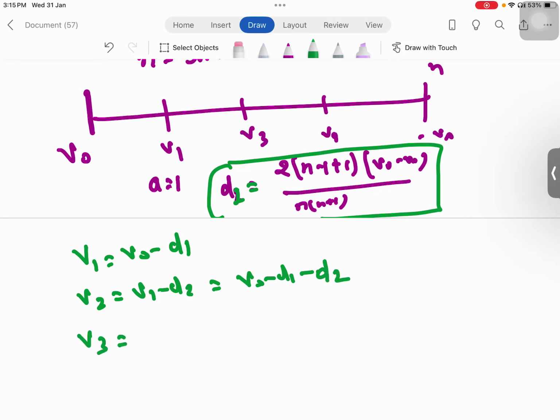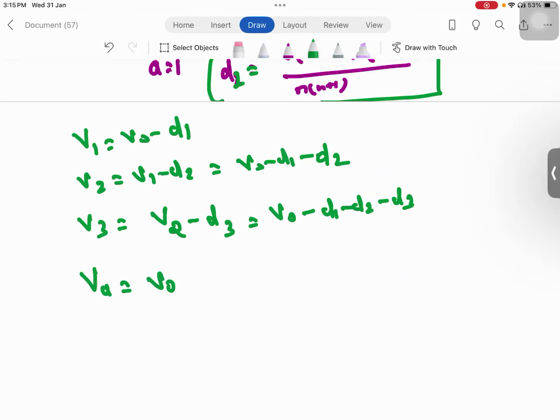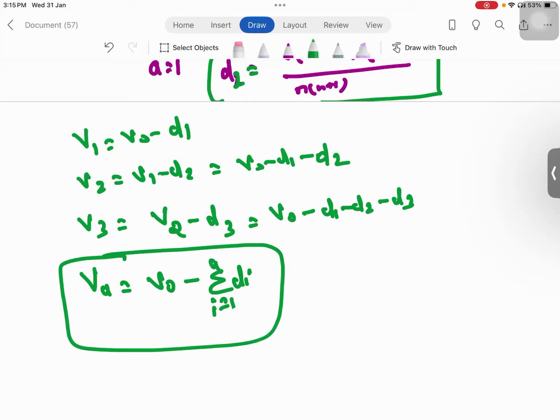And if you want to calculate V3, V3 equals V2 minus D3, and V2 you have calculated as V naught minus D1 minus D2, and obviously it will be minus D3, right? So VA can be calculated as V naught minus the summation of Di, i equals 1 to A. So this is the formula that you can use.